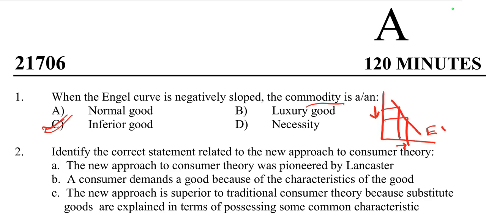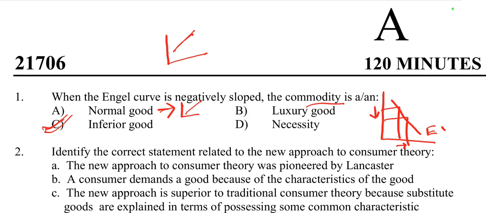When the Engel curve is downward sloping, it is inferior, and for a normal good, the Engel curve is upward sloping. It means the consumption of the good increases as income increases.